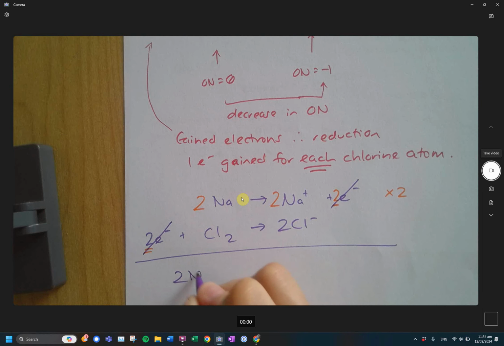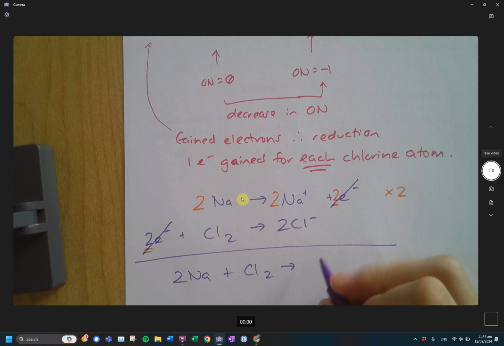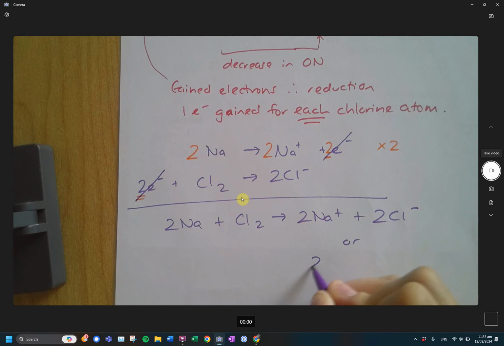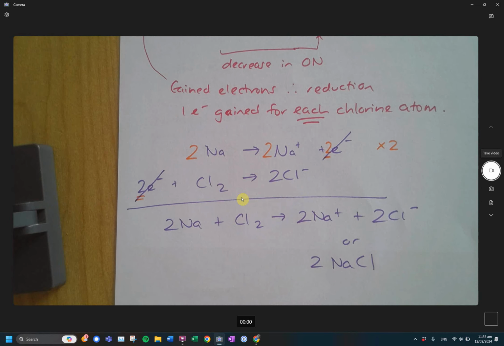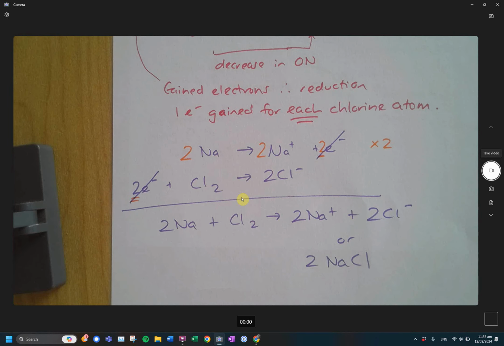So we have 2 sodiums plus Cl2 makes, you can write it as 2Na plus 2Cl minus, or you can write it as 2NaCl. And that's now talking about that full equations. That's the excellence criteria.